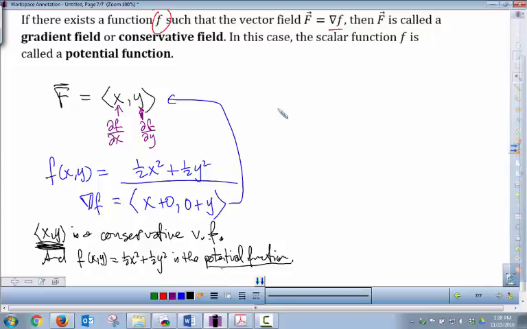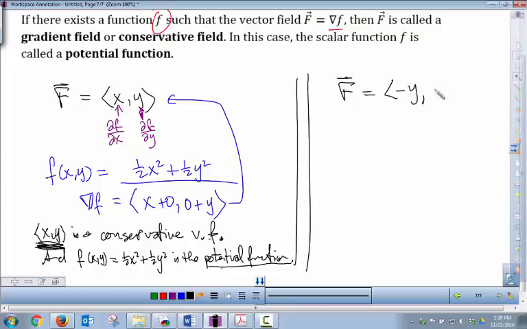Now, on the other hand, I think this will work, or this will not work. Can we find a function whose derivative with respect to x is equal to negative y, and whose derivative with respect to y is equal to positive x?